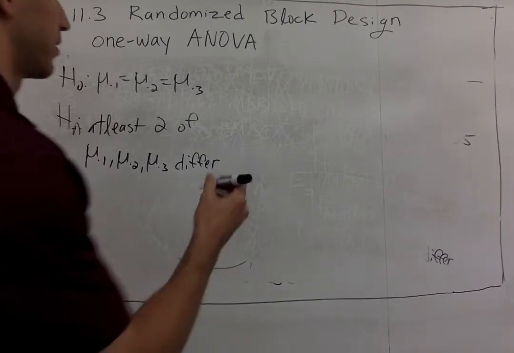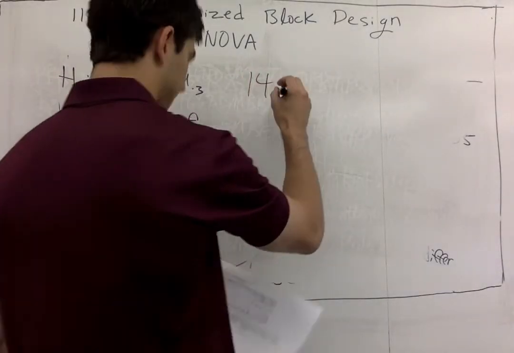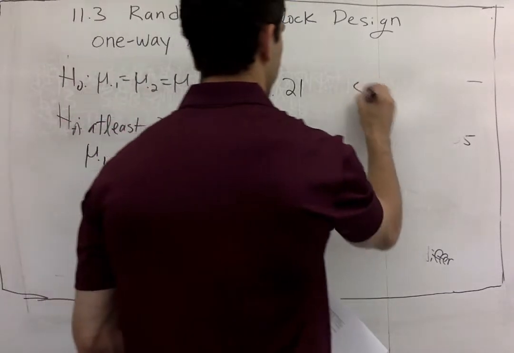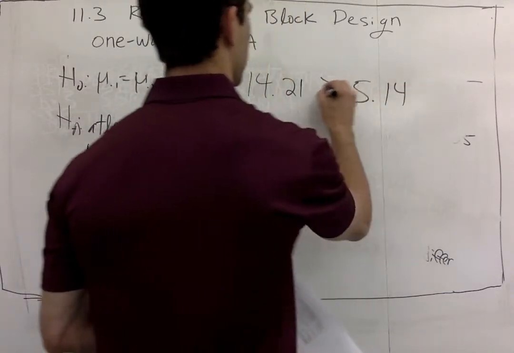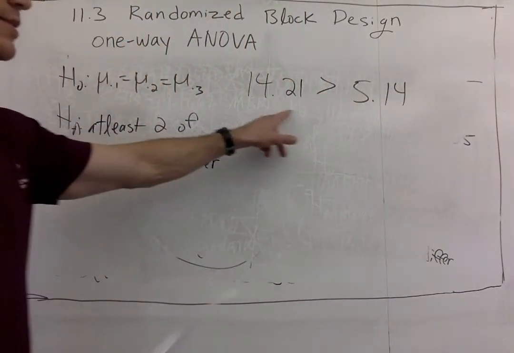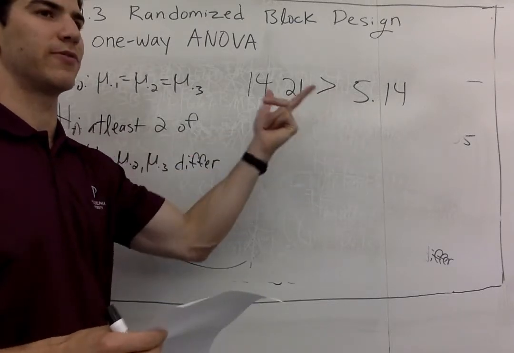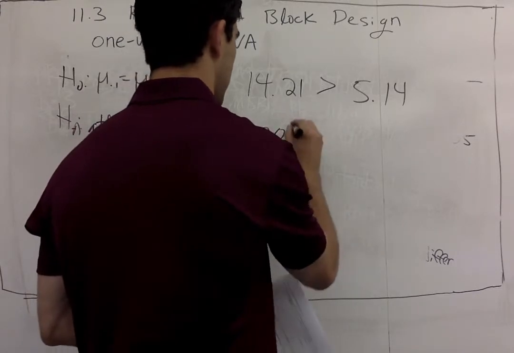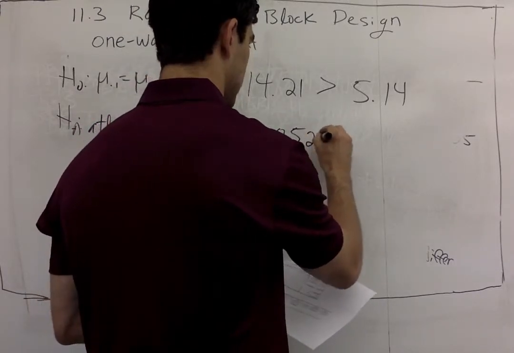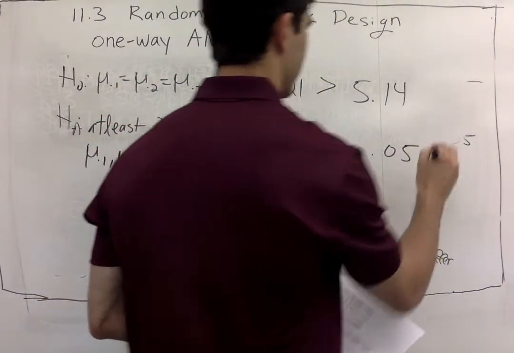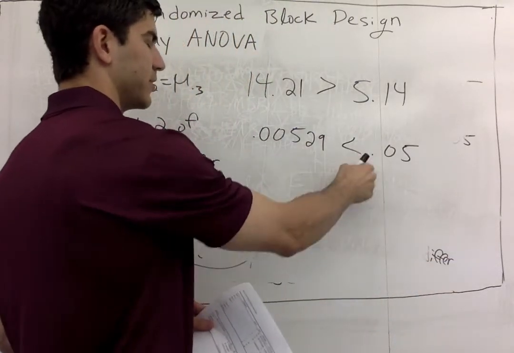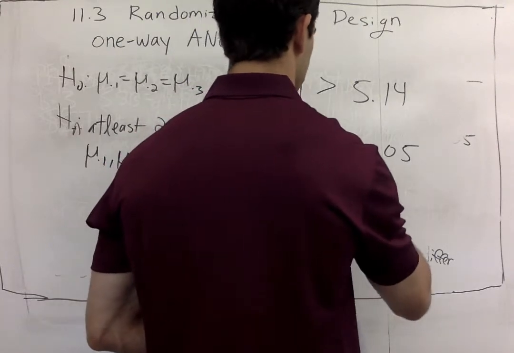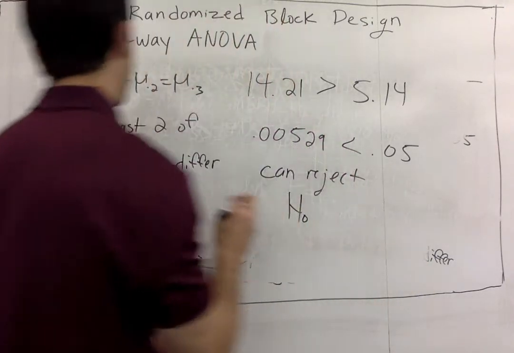You can look at the test statistics, so the F value 14.21 compared to the critical value 5.14. Test statistic is greater than the critical value. These are coming from the ANOVA table. We can also look at the p-value, 0.00529, versus, we'll say alpha is 0.05. The p-value is less than alpha, so we can reject the null hypothesis.